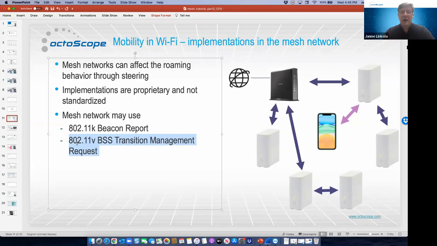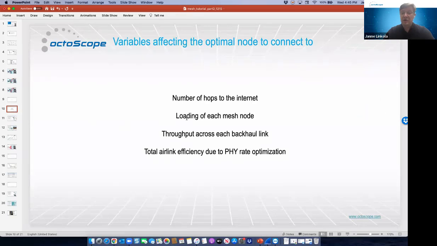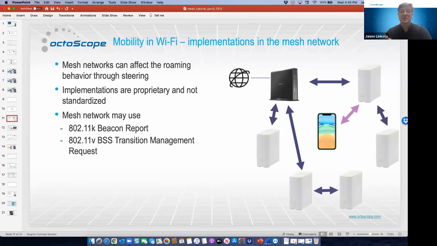Of course, the mesh network can also know many of these other considerations. It would know the loading in each mesh node, and roughly the throughput in each of the backhauls. It also has a mechanism provided by 802.11k called Beacon Report, which is relatively widely implemented in handsets.